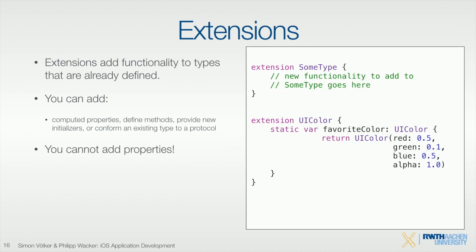That's why I can create this, because static ones you can create since they're not attached to a certain instance of an object, but to the entire class. And it defines my favorite color, and it should always be, I don't know which color this is, some greenish, whatever. So with this, you can actually extend this thing.